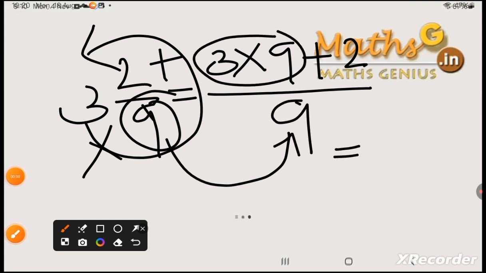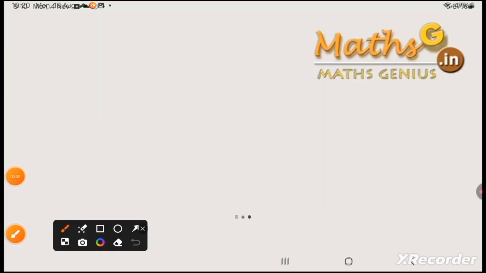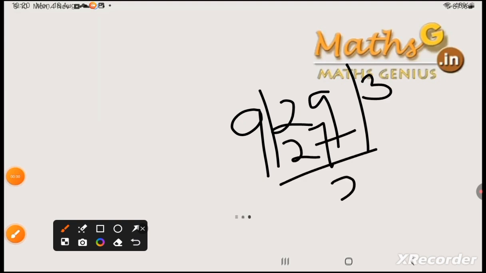So, 9 3s are 27 plus 2, 29 by 9. To cross verify this, what we can do is divide 29 by 9. 9 3s are 27. How much is left? 2. Similarly, go this way.